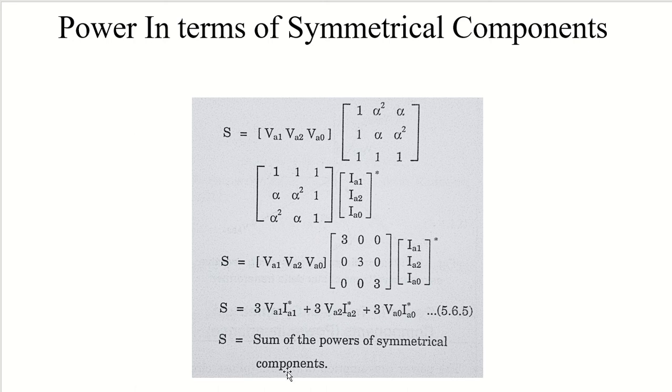You must have figured out by now that A1 was the sequence for positive, A2 was for negative, and 0 was for zero sequence. So apparent power is the sum of power of symmetrical components, all three of them.